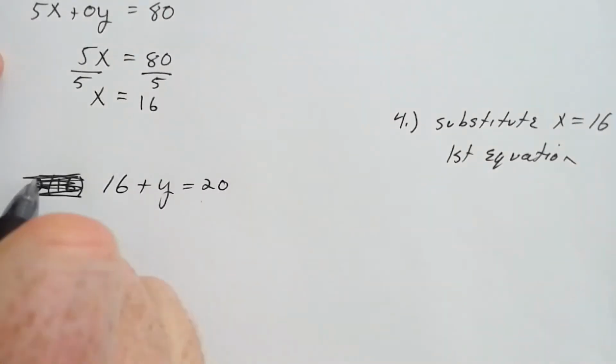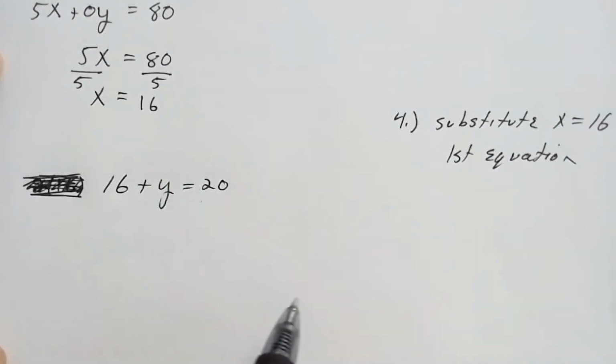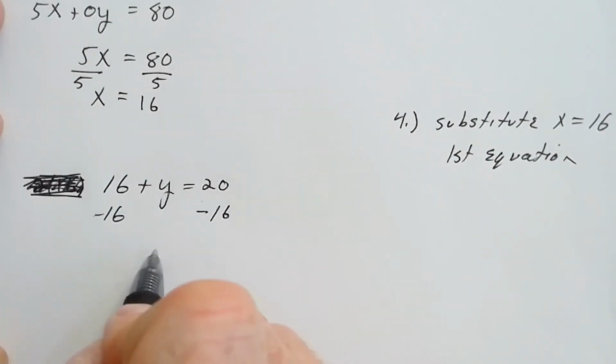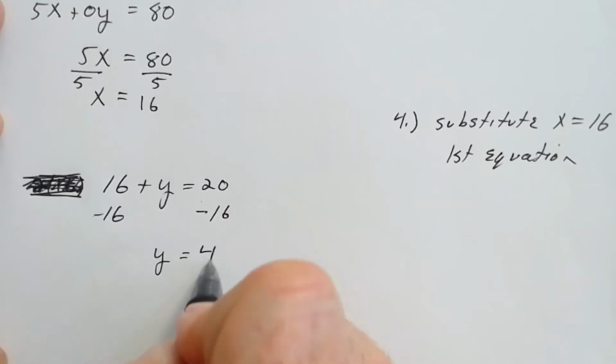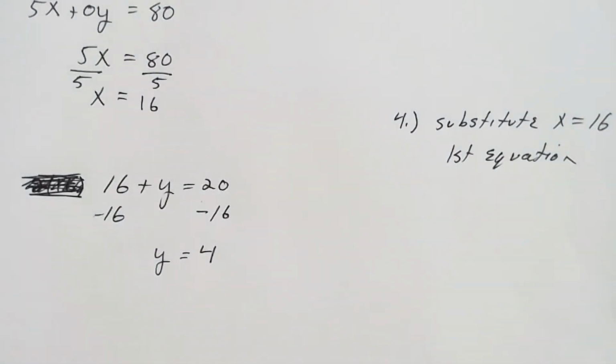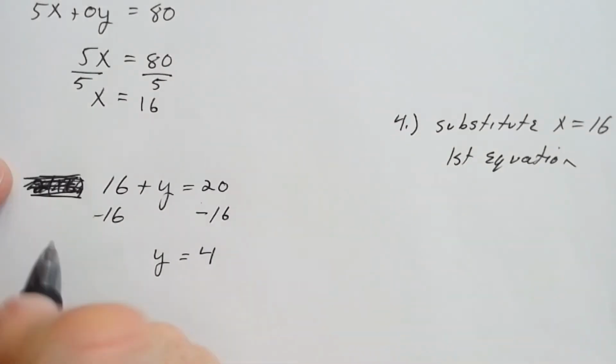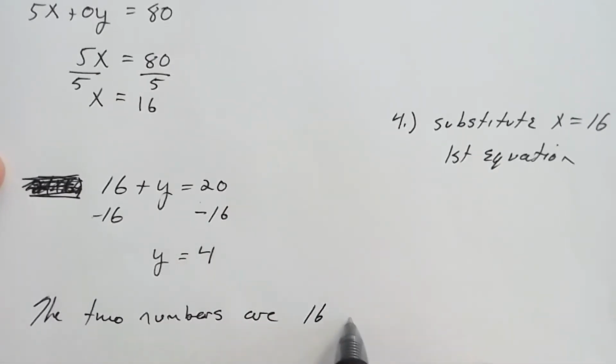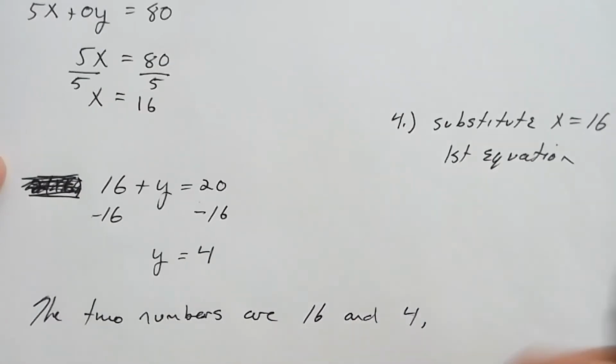Minus 16, y is equal to 4. The two numbers are 16 and 4.